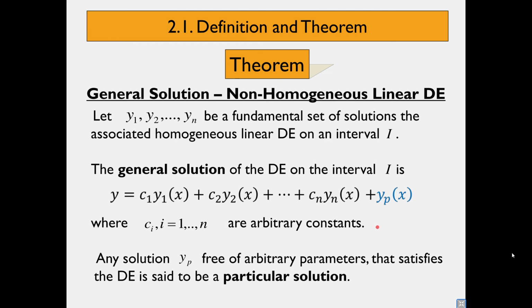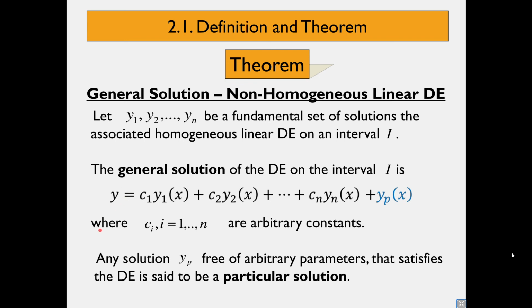But what we are trying to say is the non-homogeneous solution, the output y, consists of two parts. So you have yc, that is, you solve the homogeneous part. For the non-homogeneous part, you have to use different methods.